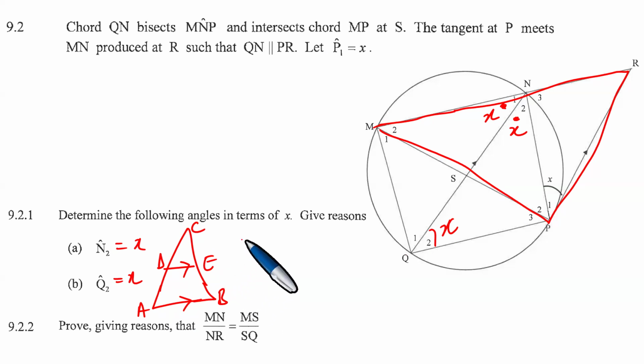The proportionality theorem says, for instance, CD over DA is equal to CE over EB. This is the theorem we're going to use here, because you have some parallel lines, but this triangle has been rotated. Now it's looking like this.